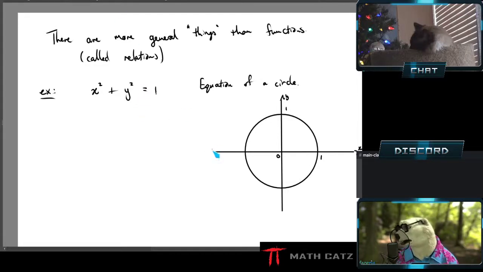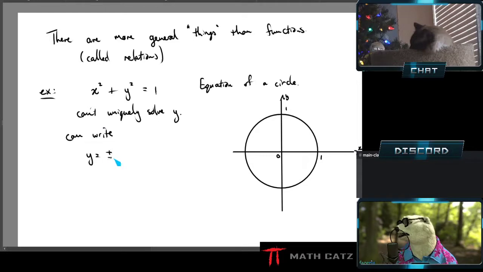But what they didn't tell you is that this is part of this more general relation family because it's not a function. I can't uniquely solve for y. In high school, they might have written y equals plus or minus the square root of 1 minus x squared.